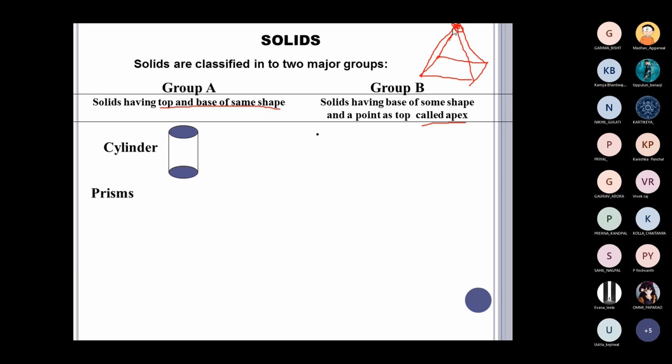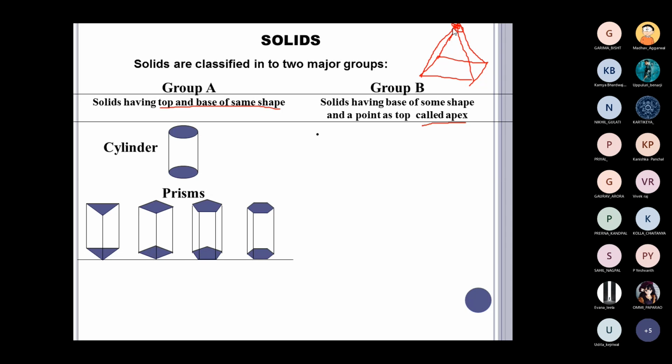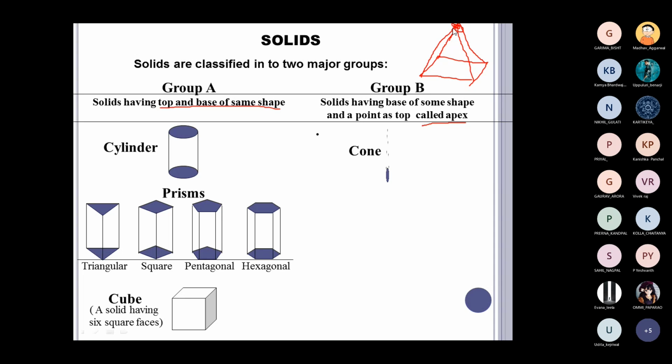So group A considers objects which have top and bottom surfaces of equal shape. Examples are cylinders and prisms. The other group has a shape at the base and an apex point at the top.